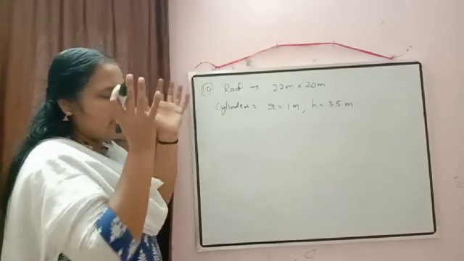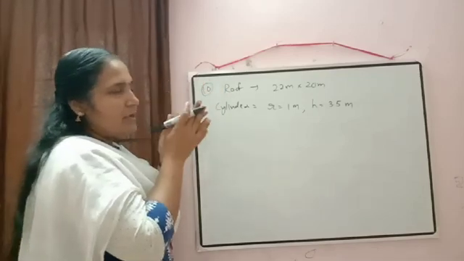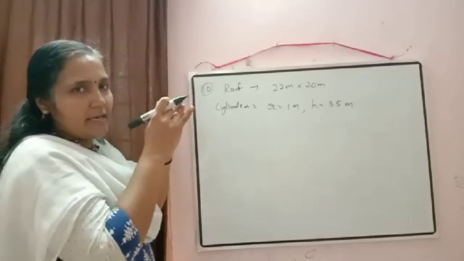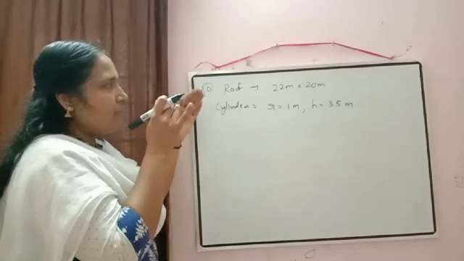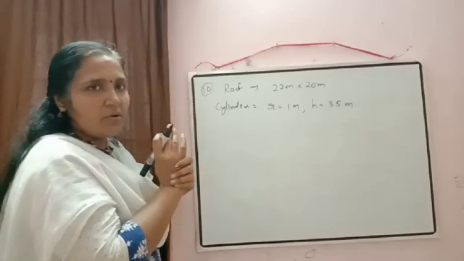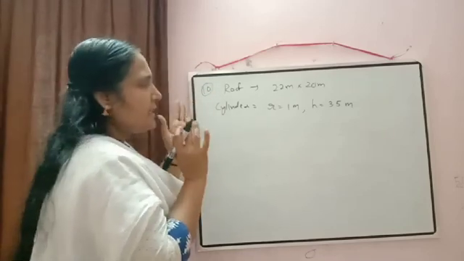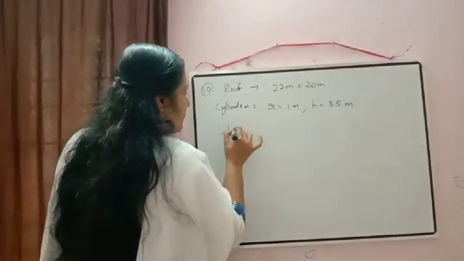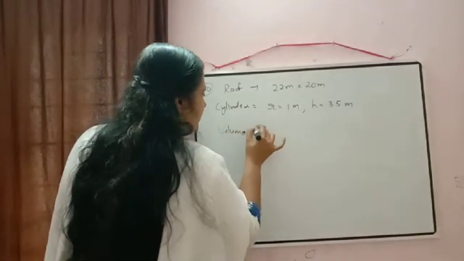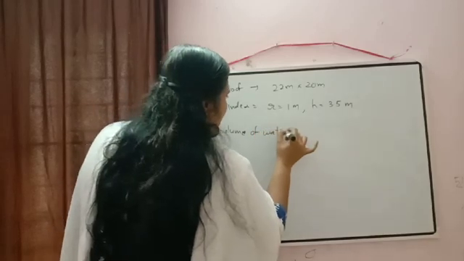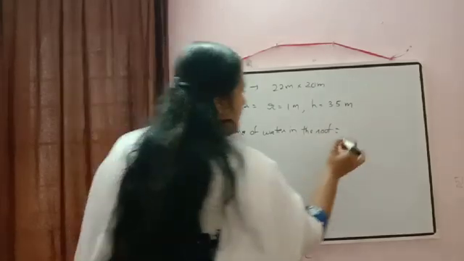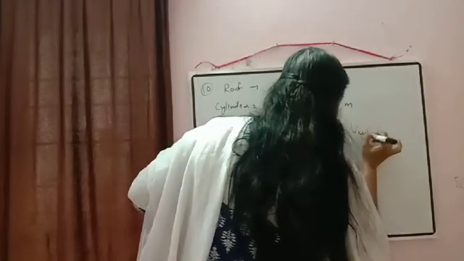So here also, when you collect the water in the roof, it will be in the shape of a cuboid, correct? So volume of roof water will be equal to volume of cylinder, and the roof is in the shape of a cuboid. So just write directly: volume of water in the roof is equal to volume of cylinder.